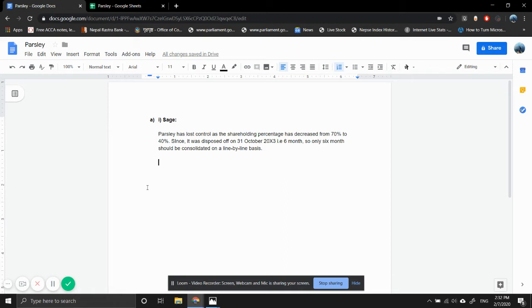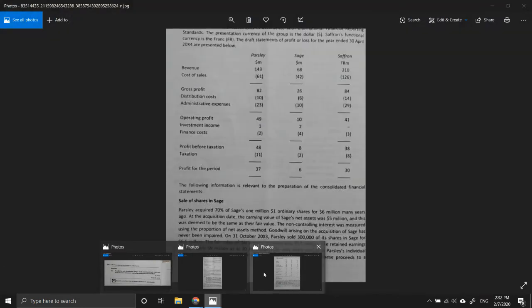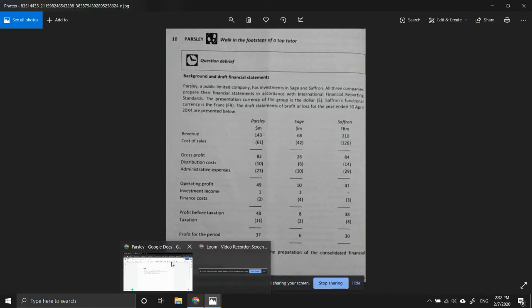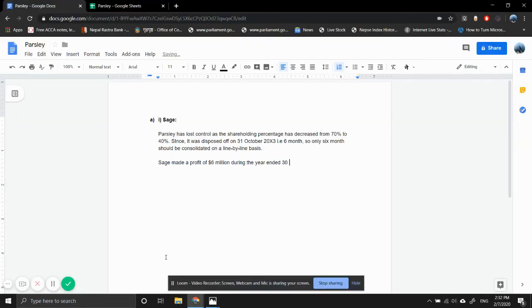Sales made a profit of $6 million during the year ended 30th April 20x4, right?